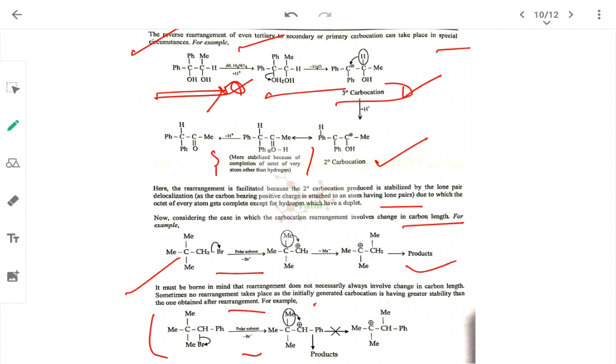But in this case, they form a 3 degree carbocation, and in the other case, there is a benzyl carbocation, and this is the product. Actually, this could happen in both cases, and the relative product probability is near about the same, because this is a 3 degree carbocation and this is a benzylic carbocation. Now, a 3 degree carbocation is far more stabilized than a benzylic carbocation.